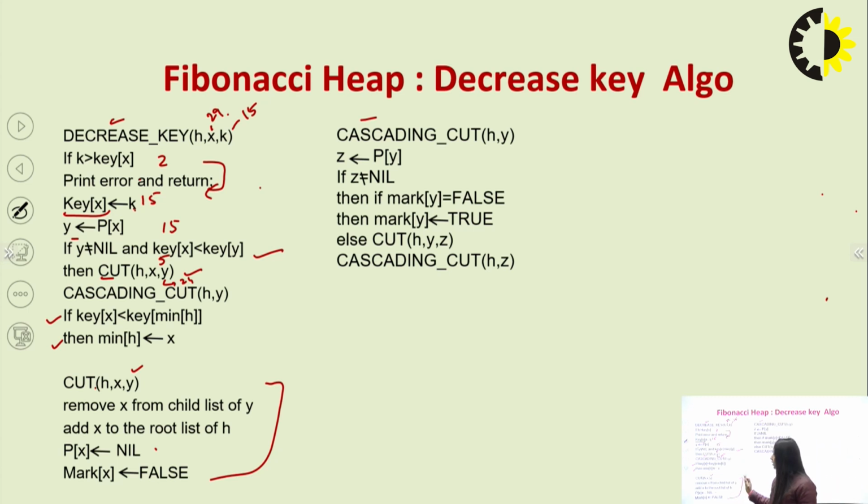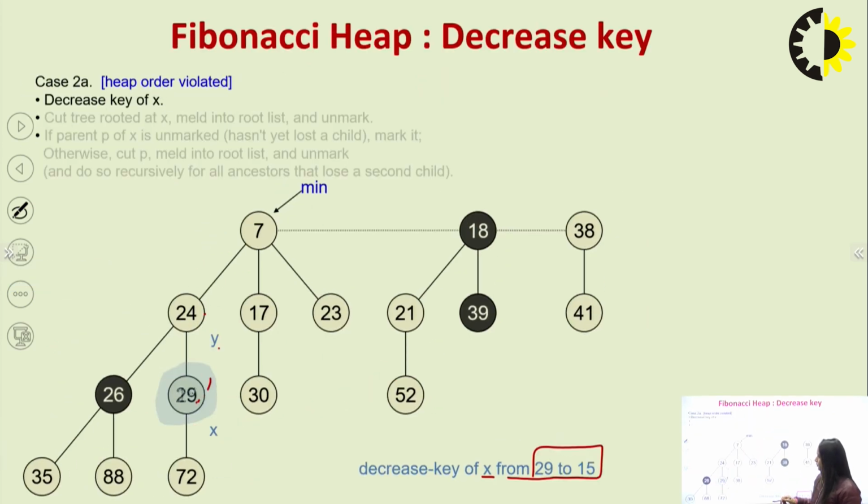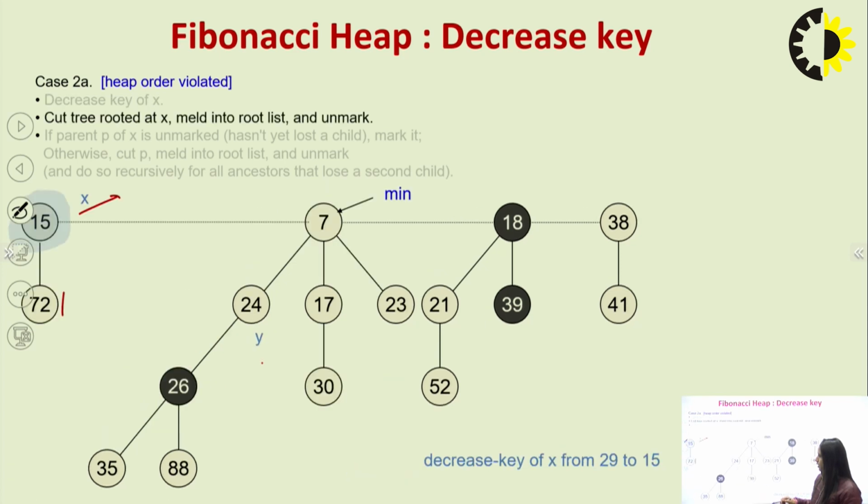Now after cutting, we check for cascading cut. In cascading cut I check the parent of the parent and check that it is not equivalent to nil. Then if y is marked false, then mark y as true. I cut it, then see, this is the z.